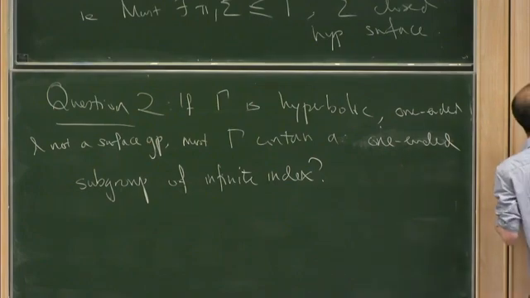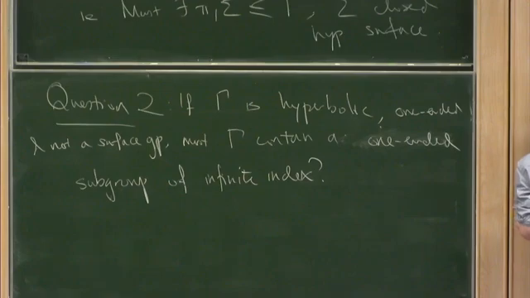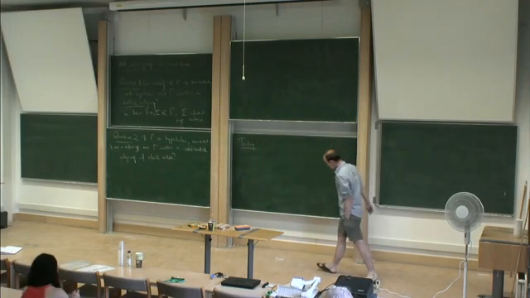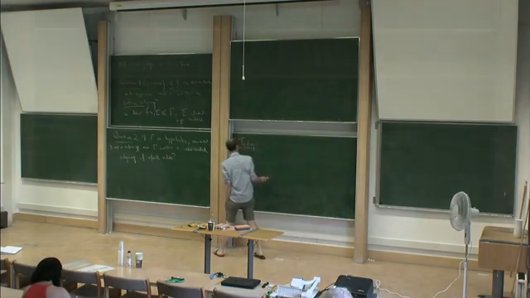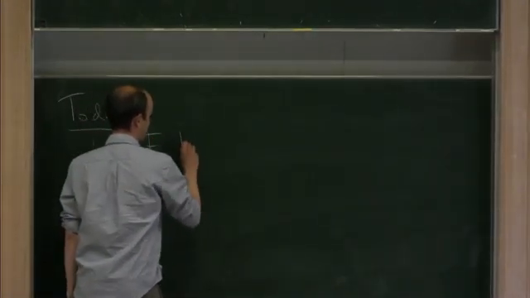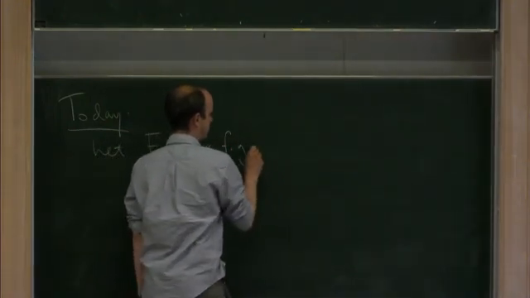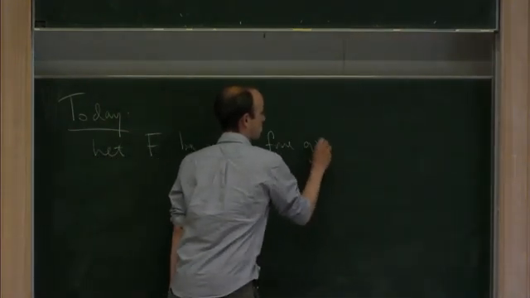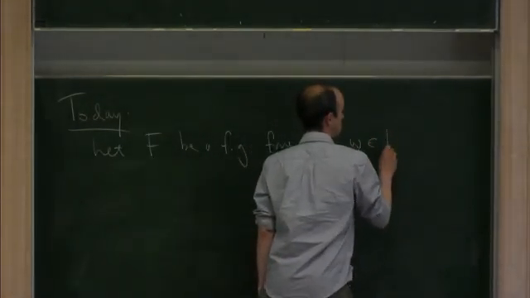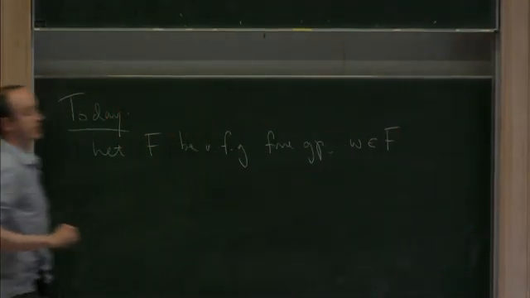Okay, so today we're going to talk about this kind of example. Take a free group. Let F be a finitely generated free group, and let's take W to be a word in the free group.